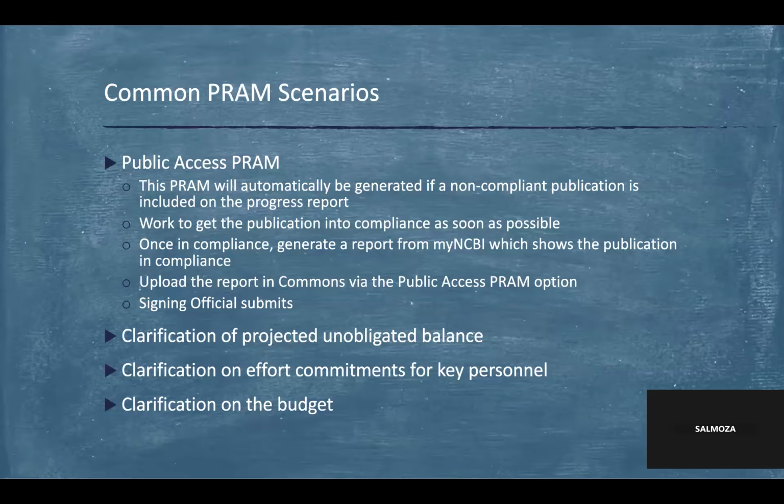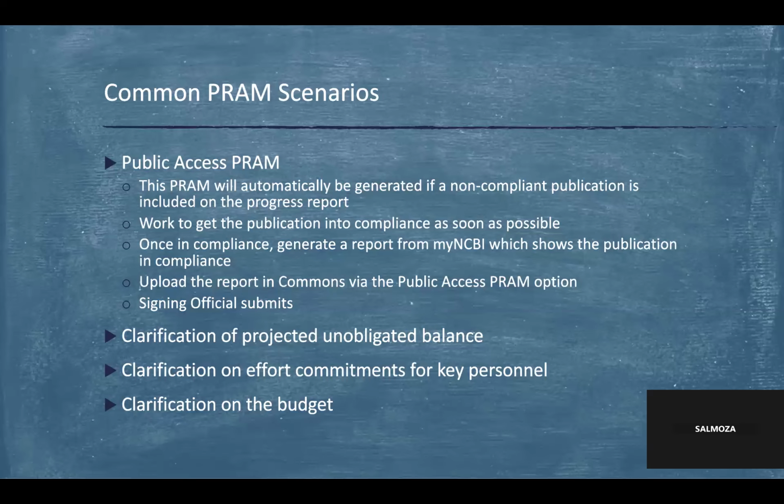Clarification on the effort commitments for key personnel. If someone who is named as key is too low on the all personnel report, then you're going to need to clarify what's going on there. I think part of the issue is that the all personnel report rounds.